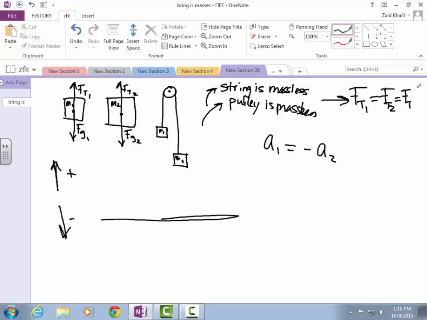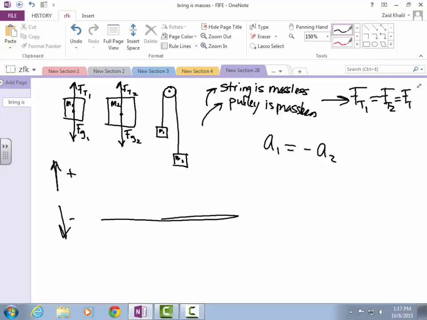So what do we have? We have FG2 minus FG1 equals M1 plus M2 times A1. What's FG2? If I say the force of gravity of an object, you say mg.